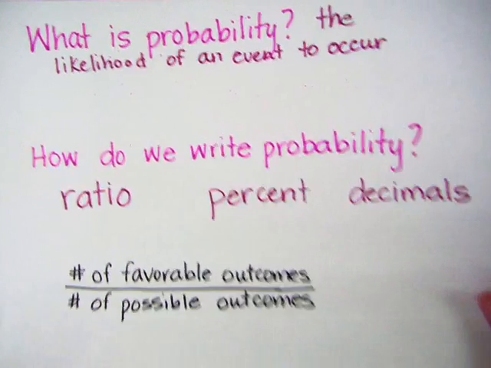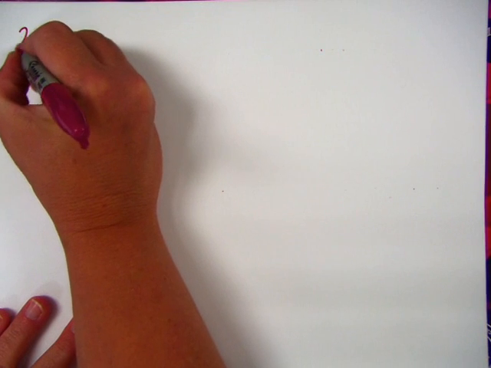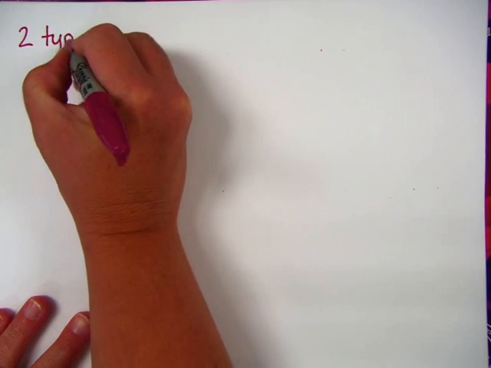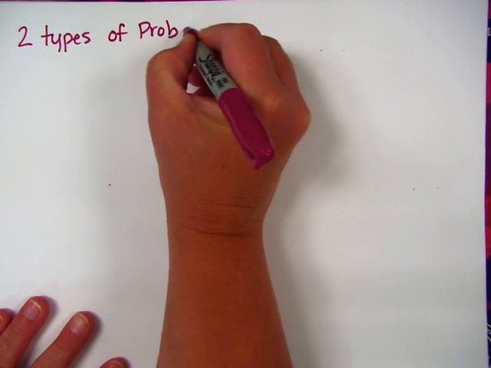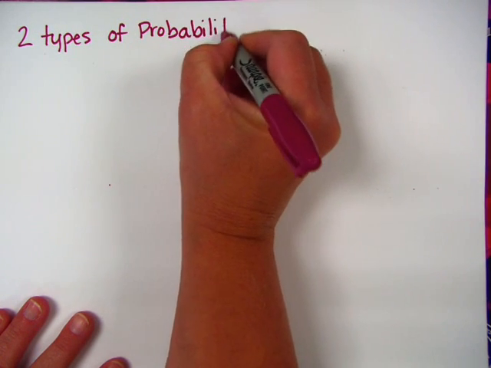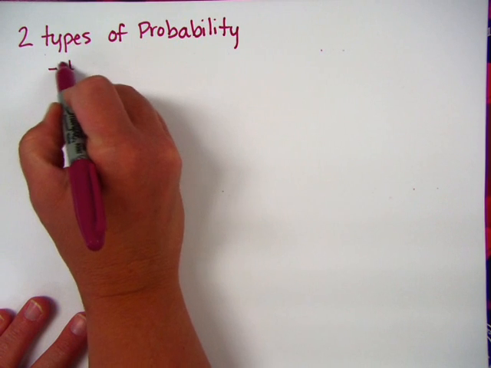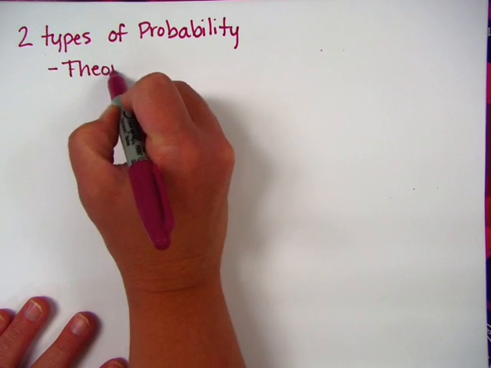Okay, before we go on to set some up and do some practice, we need to know that there are a couple of different types of probabilities. On your summary sheet, it asks for the two types of probability. The first type of probability is what is called theoretical.